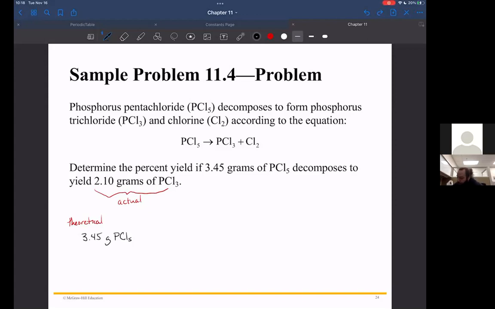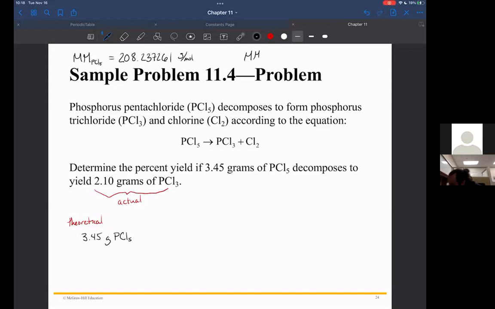All right, so again, I'll just tell you the molar mass so we can go quickly. This is something you want to be able to calculate using the periodic table. 208.237261 grams per mole.